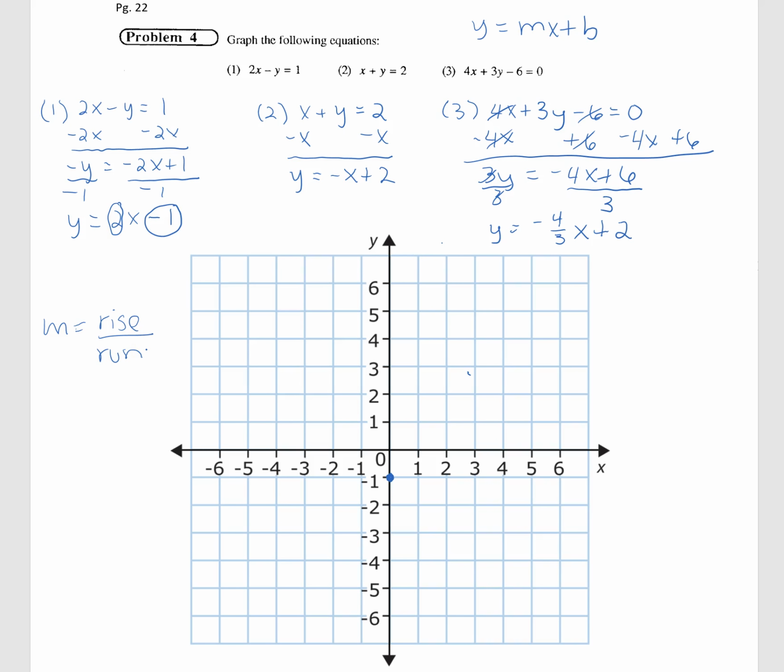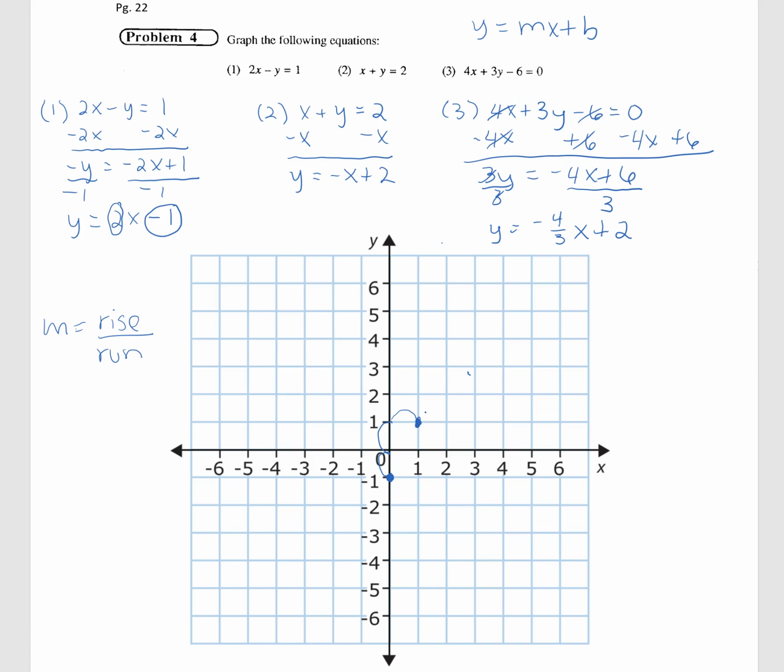So a slope of 2 means we rise 2 units for every 1 unit we run horizontally. So this means that I can plot points just by going up 2 units and across by 1 unit, which gives me a point here.